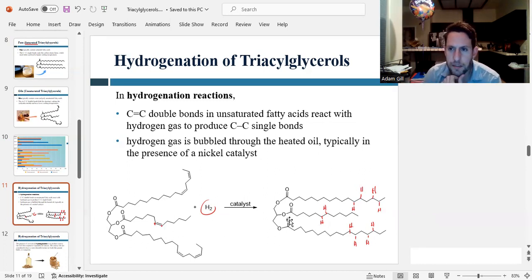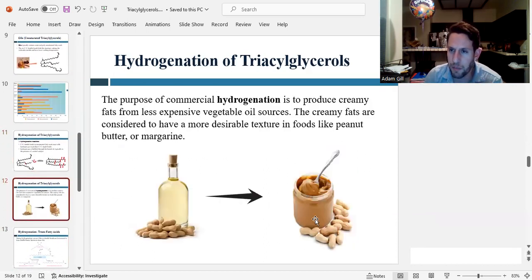Well, some food products are considered more desirable if they're creamier as opposed to liquidy. One of the most common ones is peanut butter. So if you've ever seen organic peanut butter that sits on the shelf for a long time, all the peanut pieces settle and the oil rises to the top, and you have like peanut oil and peanut solids.